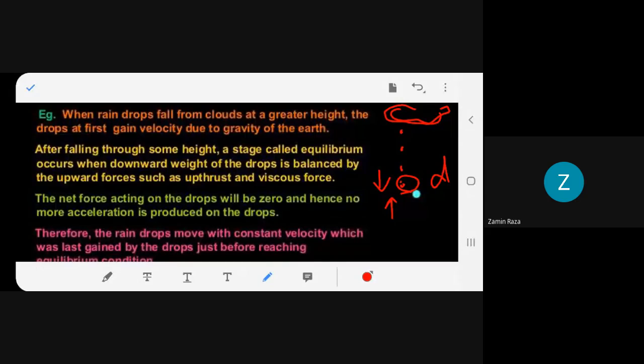All these become balanced forces. So obviously, it will regain the velocity before reaching the equilibrium stage. What stage is it? Equilibrium stage. So it will move down with the same velocity as before reaching equilibrium, and with the same velocity it will come down to the ground. This much have you understood?